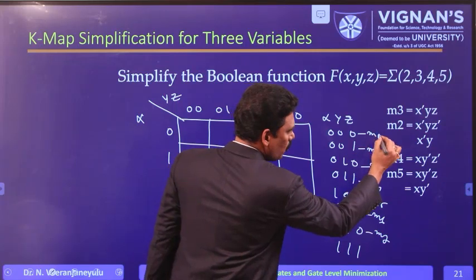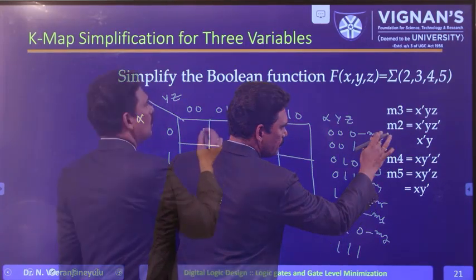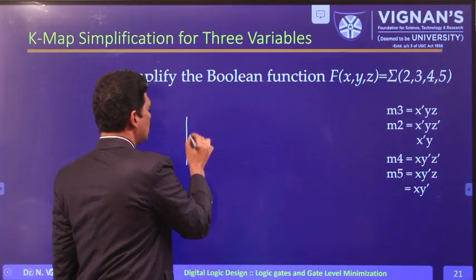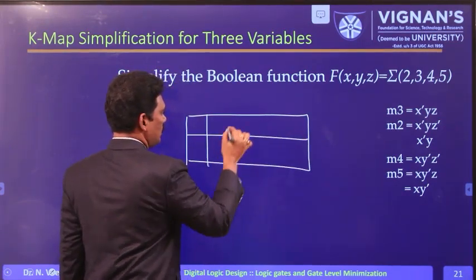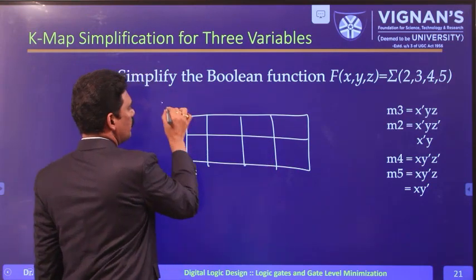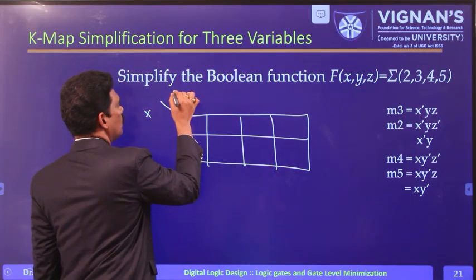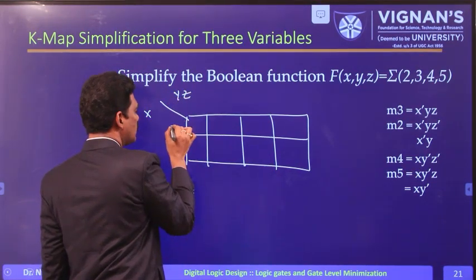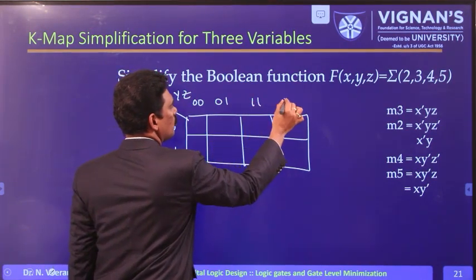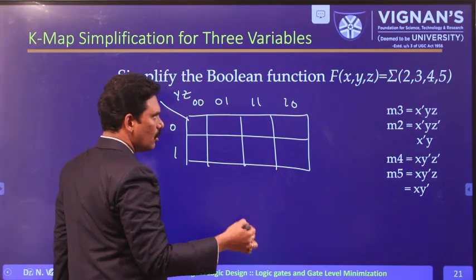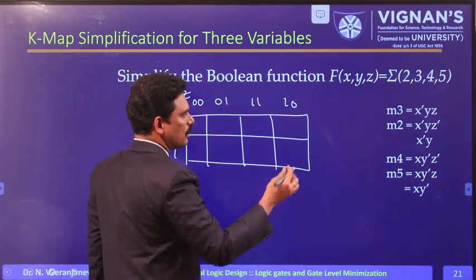Sorry, the function is this one. The variables are X, Y, Z, and this is 0, 1, and 00, 01, 11, 10. So what are the combinations? How to specify minterms?